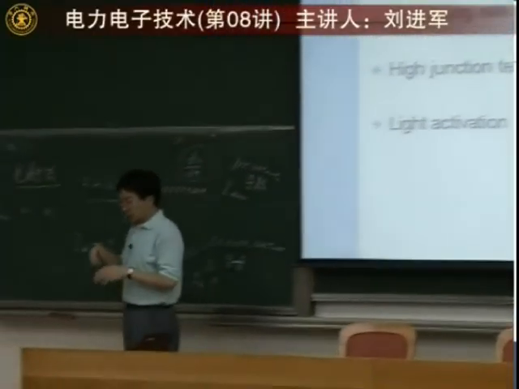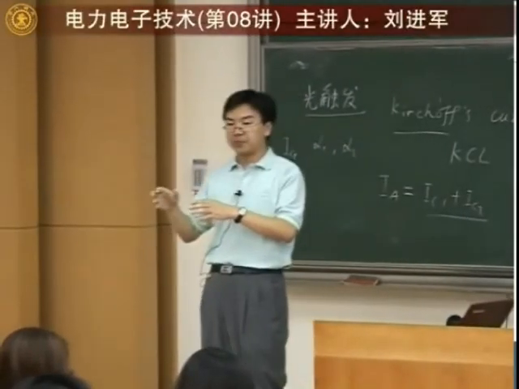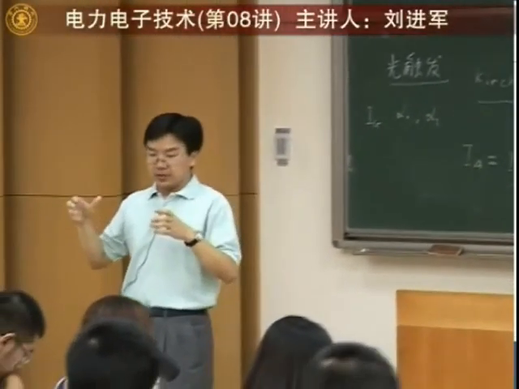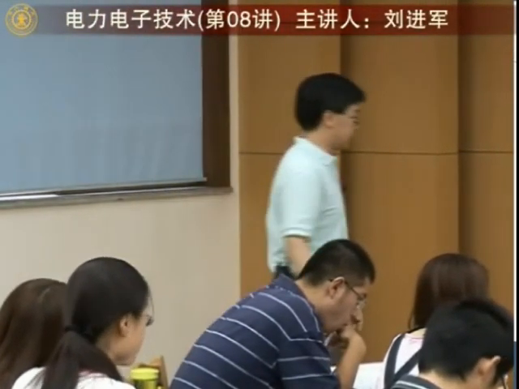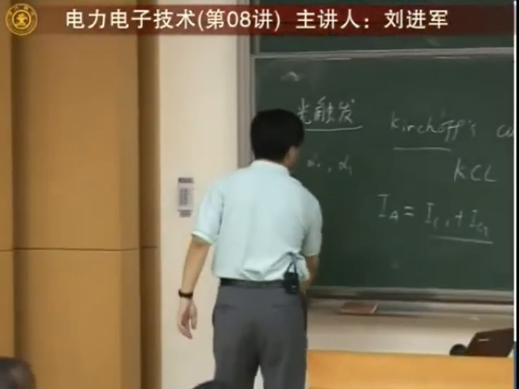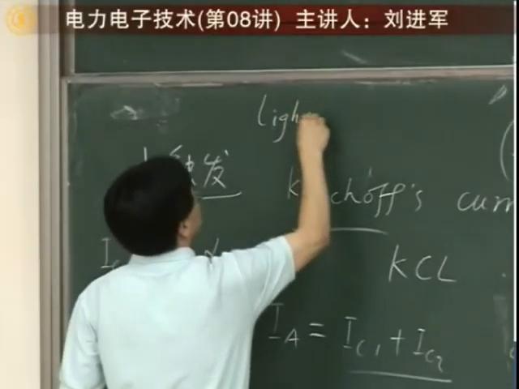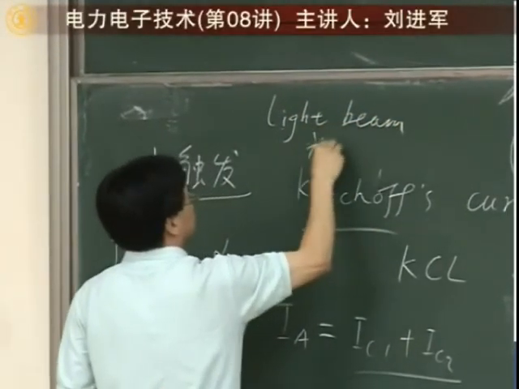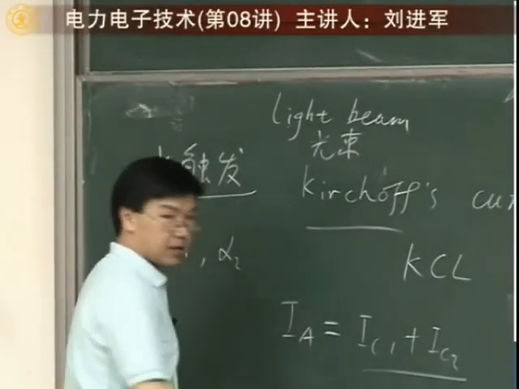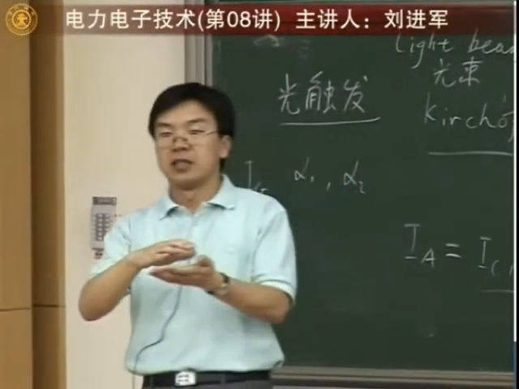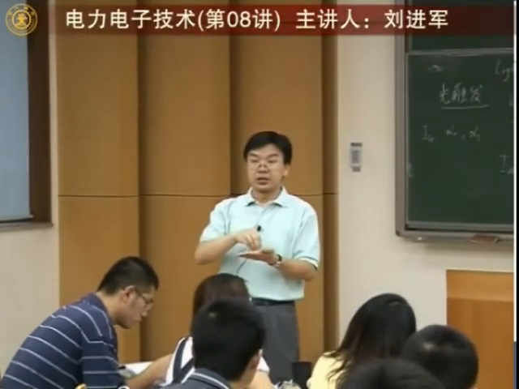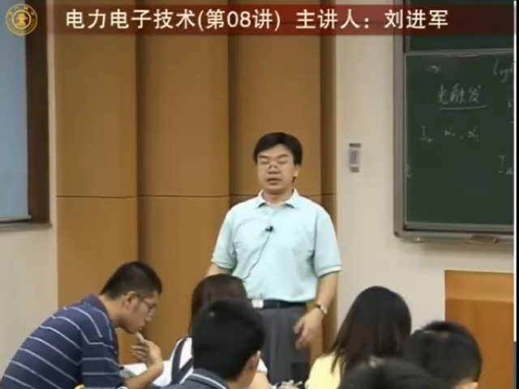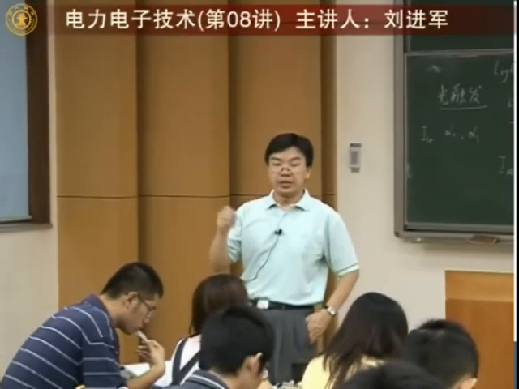That means if we do not inject gate current, but if we only introduce a light beam, and shed that light on the gate area in the silicon, in the thyristor semiconductor area, you shed certain light on the gate area, that will be equivalent to injecting current.